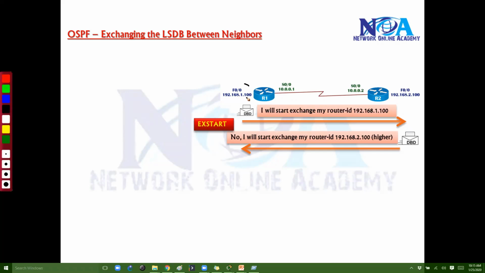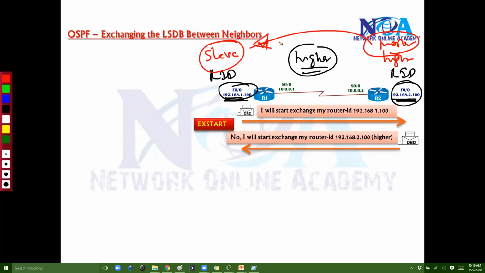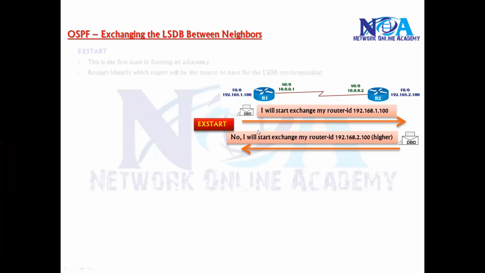Assuming this is a router ID, whether manual or automatic, whichever router has the highest router ID or higher number, like in this example, 192.168.1 and this is 192.168.2, which is higher, will become the master and the other will become the slave. So router 2 will send first. That is decided in the Exstart stage.